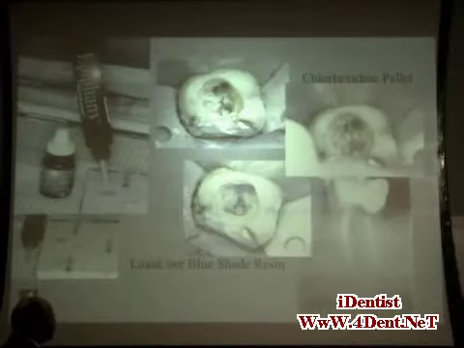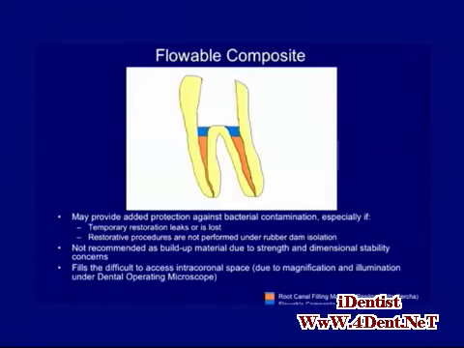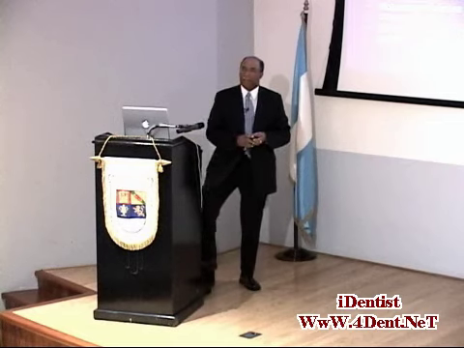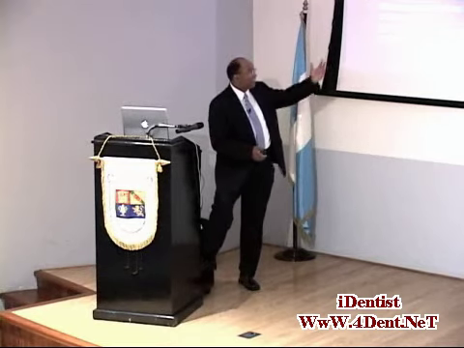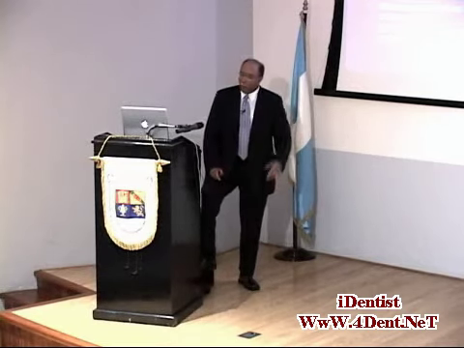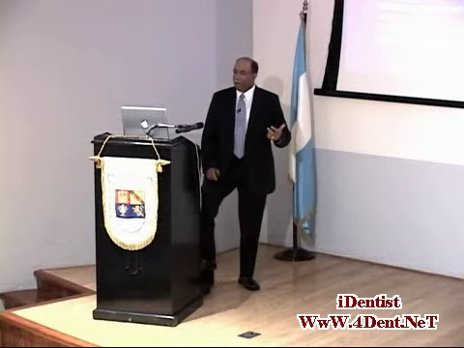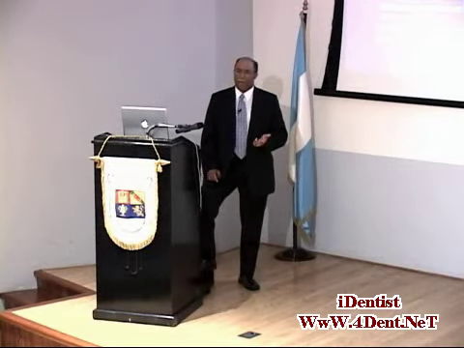Why? As you can very well imagine, these are difficult to remove without removing excessive tooth structure or perforating the canal space. This flowable composite may provide added protection against bacterial contamination, especially if the temporary is lost or leaks for some reason, or if the restorative procedures are not performed under rubber dam isolation.